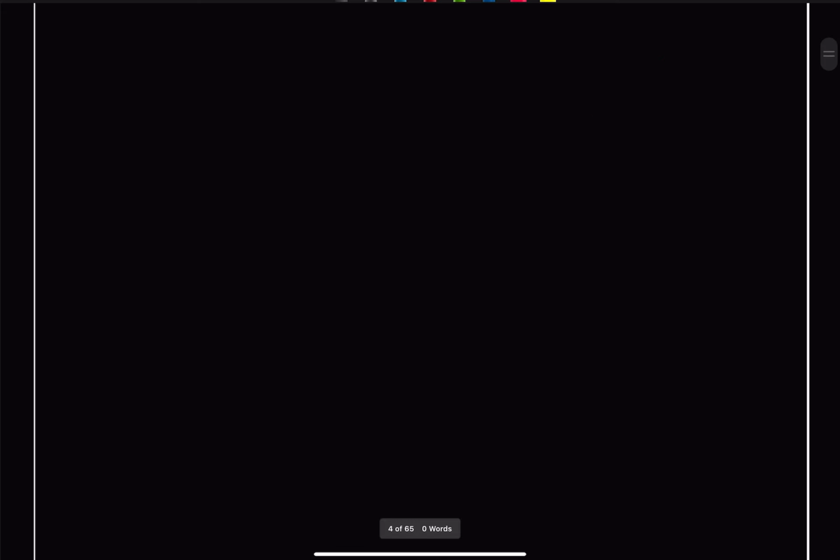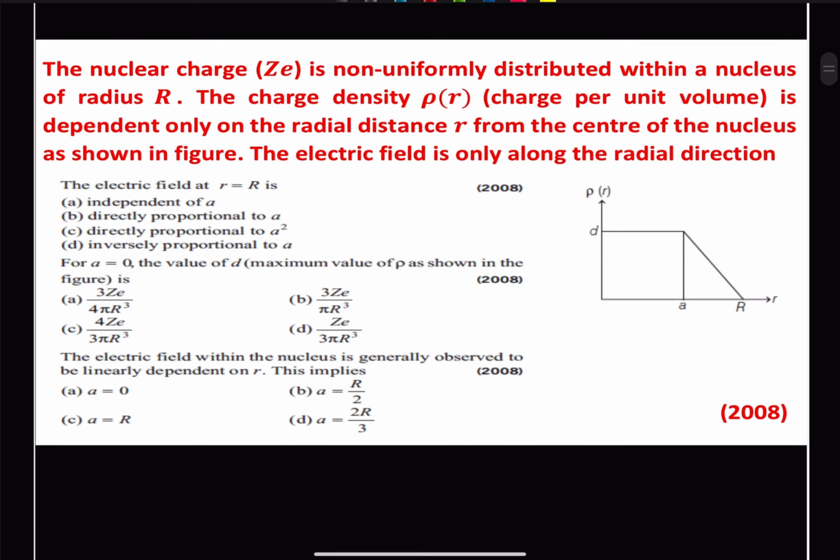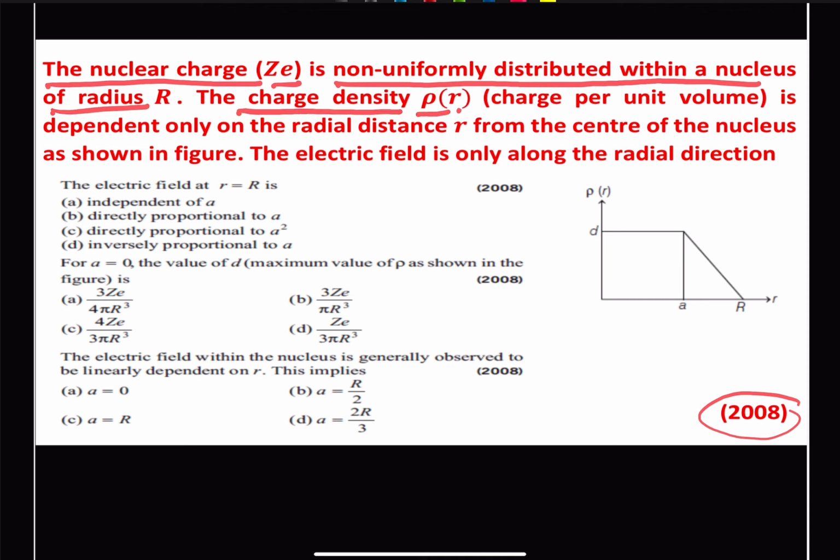Next question. It was asked in the year 2008, and it states that a nuclear charge Ze is non-uniformly distributed within a nucleus of radius r. The charge density rho, that is charge per unit volume, is dependent only on the radial distance r from the center of the nucleus as shown in the figure.